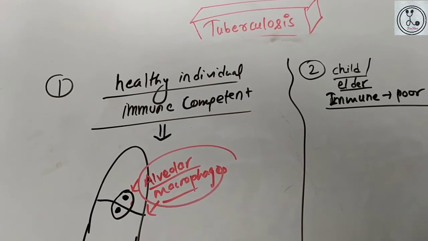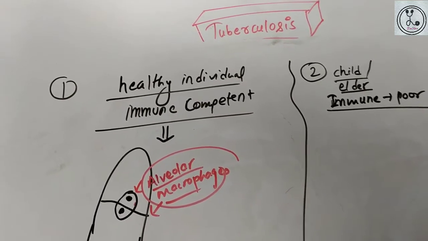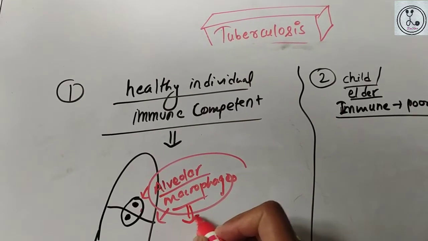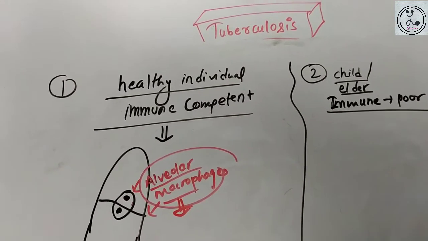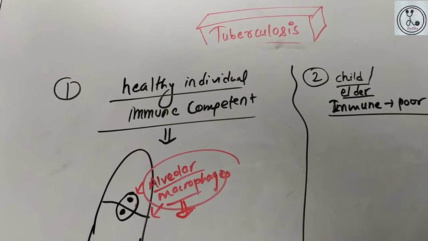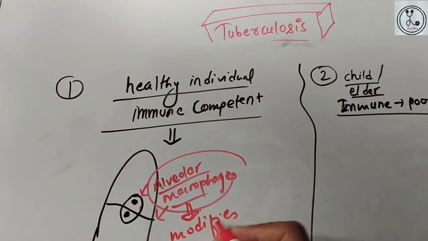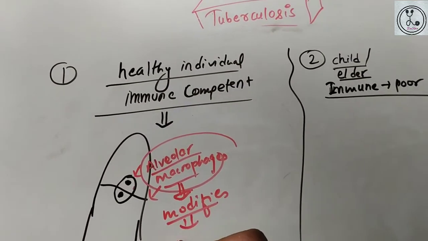So ultimately the bacteria will not get killed by the alveolar macrophages. Then the alveolar macrophages think, I am not able to kill this bacteria, I should modify myself. So macrophages modify, and they change into epithelioid cells.